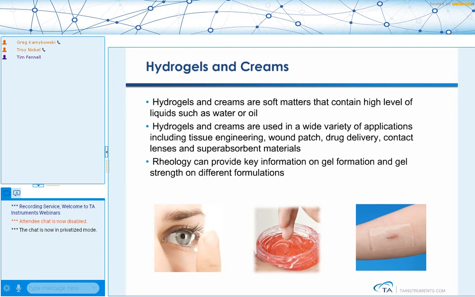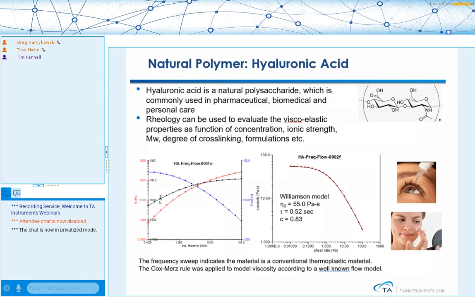And rheological testing is important in terms of characterizing the materials and being able to predict how they will perform in real life applications. So we begin with a frequency sweep on the natural polymer hyaluronic acid, and this looks similar to the frequency sweep that we showed on the molten cheese.